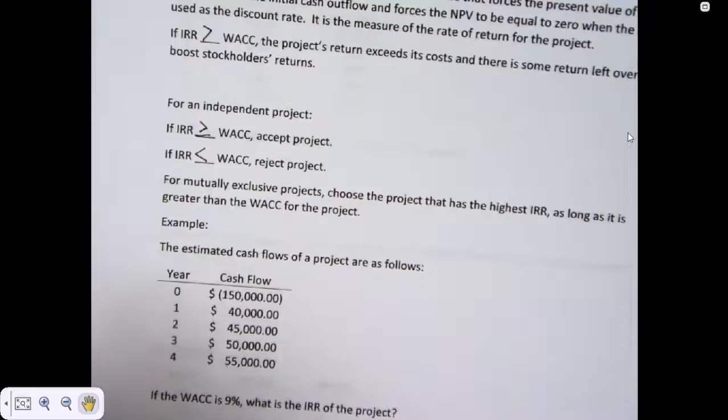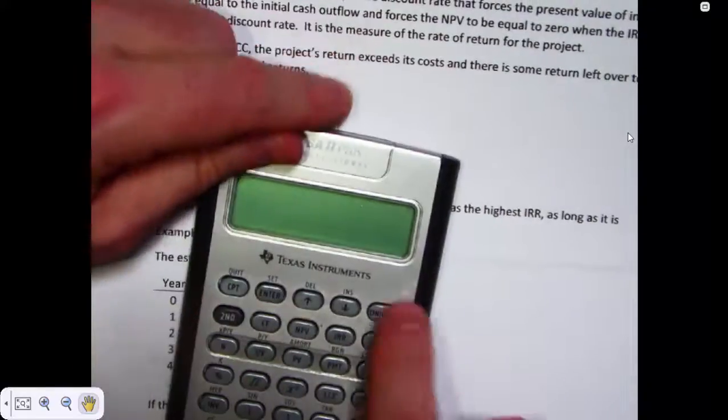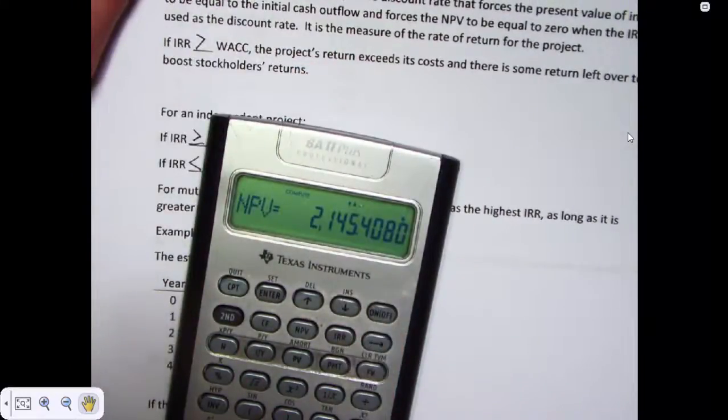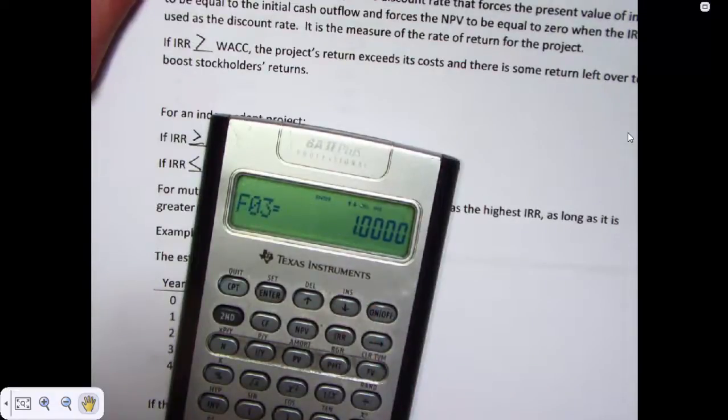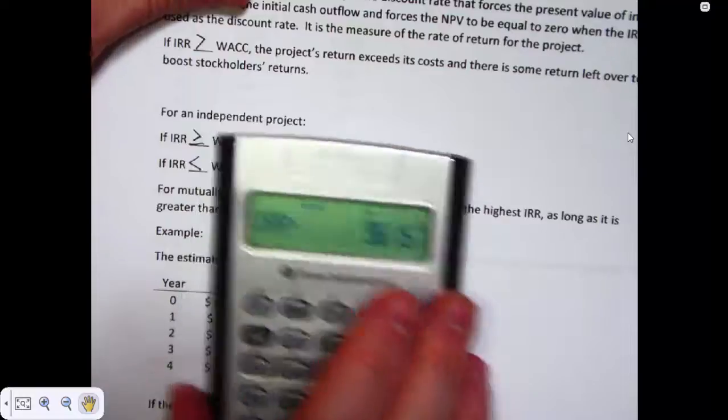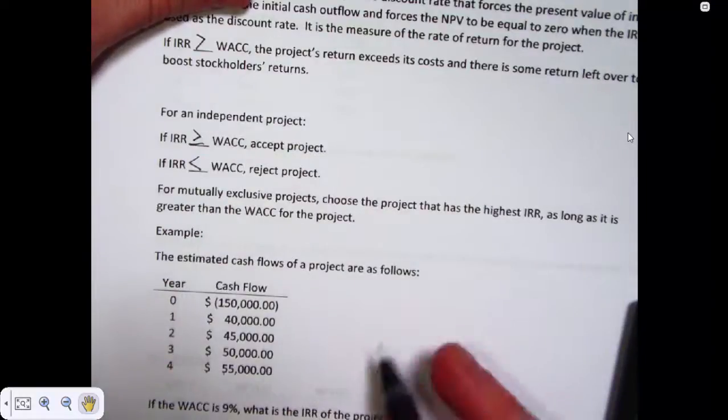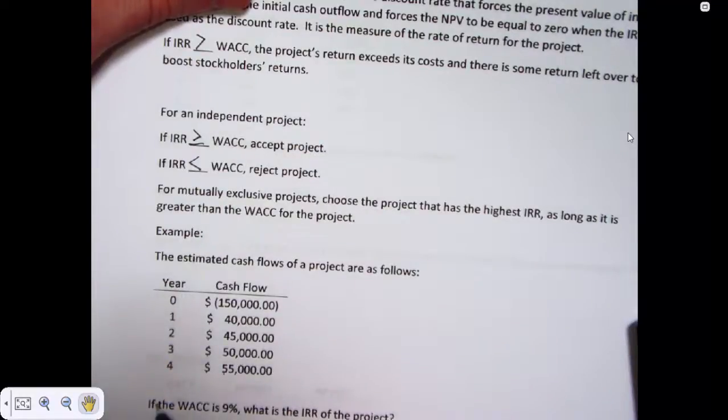So an example of this, we're going to use the same cash flows. I'm going to go back into the BA II Plus. My cash flows are all the same, nothing changing there. I press the IRR button, it's magical, press compute, and we get 9.62%. If the weighted average cost of capital is 9%, actually it doesn't matter. We don't actually put the weighted average cost of capital in.